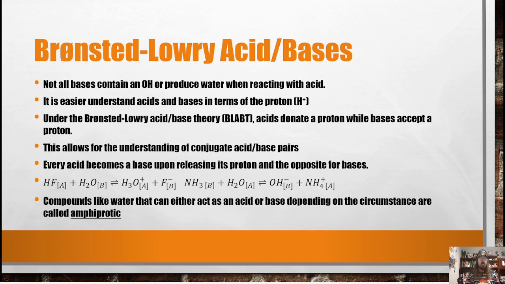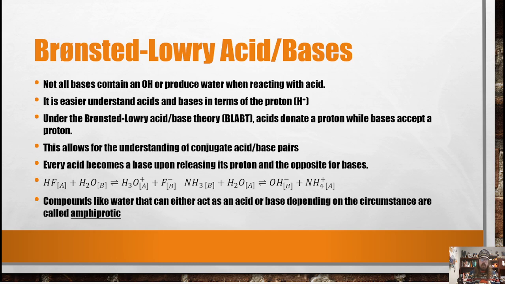Now, ammonia is our first real example of a base that doesn't have an obvious hydroxide. Yes, in water it does produce a hydroxide, but it is less obvious. So maybe the Arrhenius definition is not the best one out there.